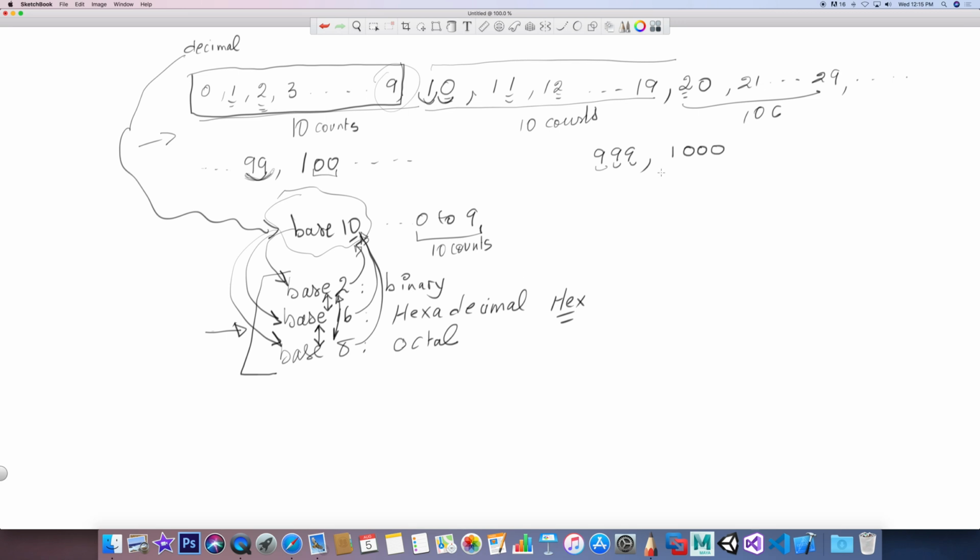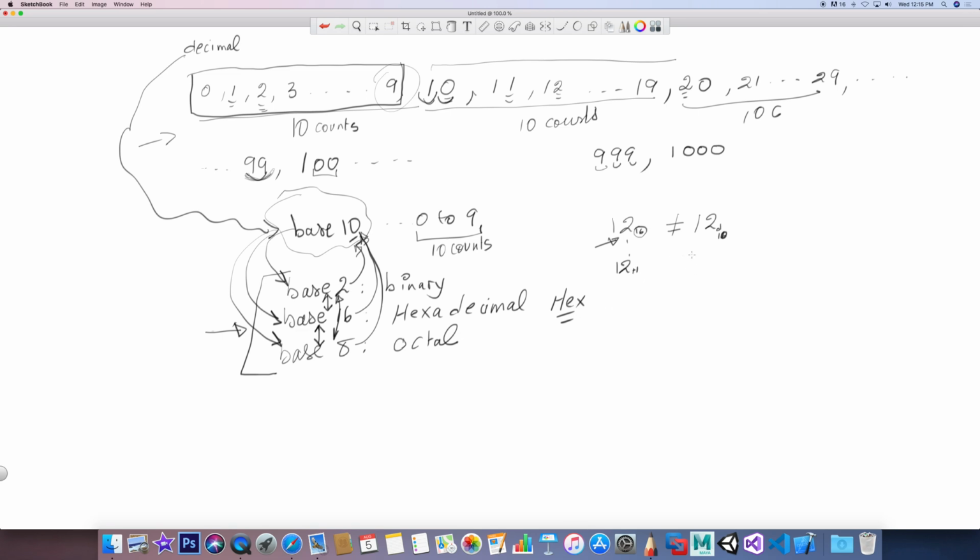So let's say I have a number like 12, and I put a 16 next to it, which means this is the base. This means it is a hexadecimal number. It is different than a 12 with either the letter D or 10 next to it. By the way, this 12 hex can also be expressed as 12H.